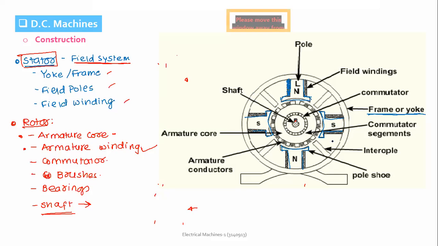Okay. About this interpole, I will discuss later on. Don't worry. These poles are made up of thin laminations, either cast steel or cast iron, and together they are bolted over the frame.